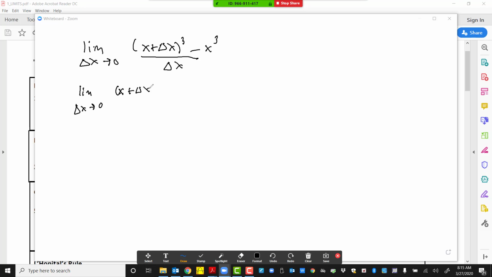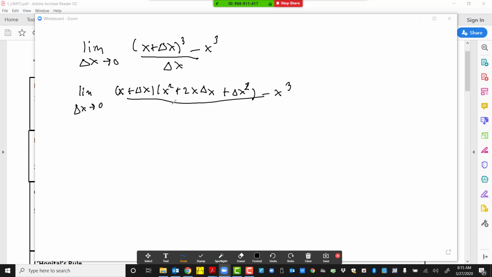x plus delta x times x squared plus 2x delta x plus delta x squared, minus x cubed.